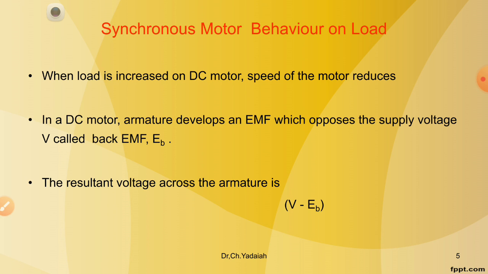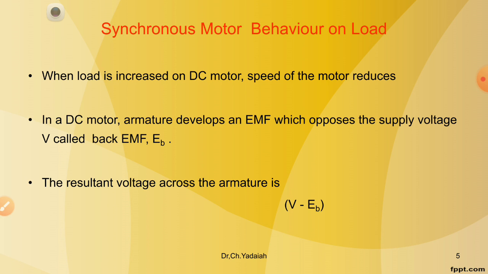In DC motors, you can observe the armature develops an EMF which opposes the supply voltage, called back EMF. So when the rotor picks up its rotation, a back EMF is developed in the armature.